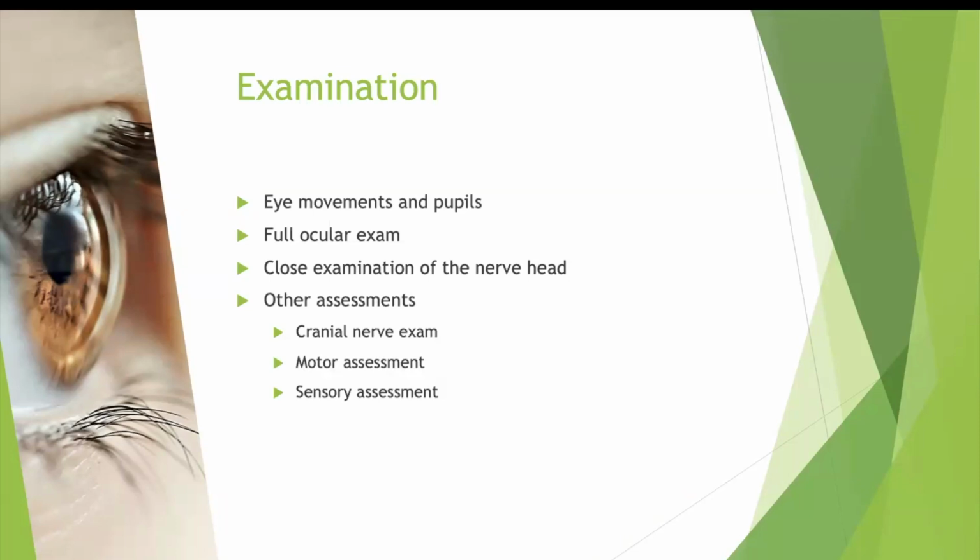Do they have a temporal pallor, for example? Are the margins of the disc clear? What's their RNFL doing? You also want to consider looking at the rest of their cranial nerves, maybe trying to locate a lesion in the head, and doing a general gross motor and sensory assessment of the patient to see whether there's anything else that could explain systemically what could be going on in front of you.